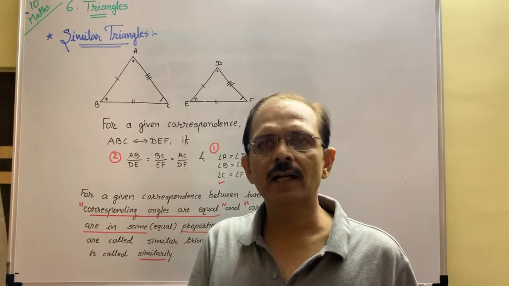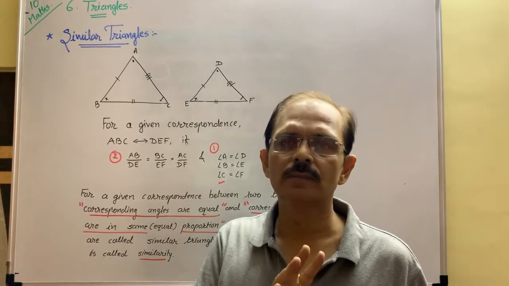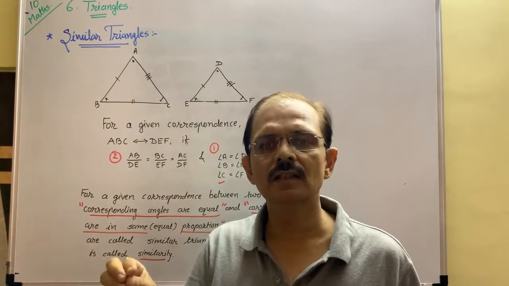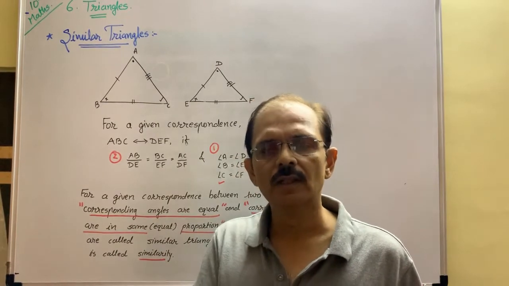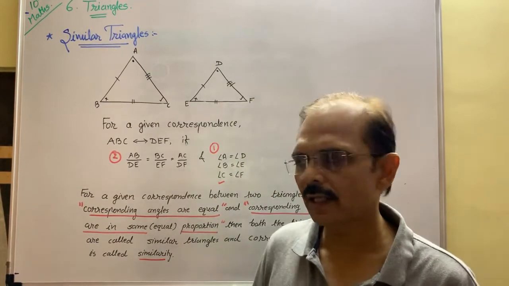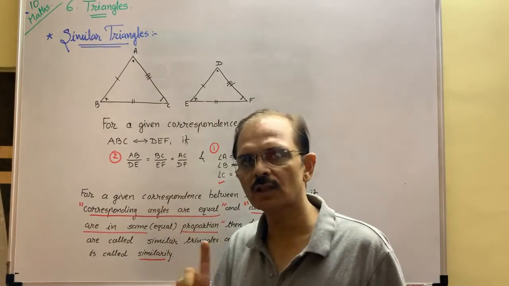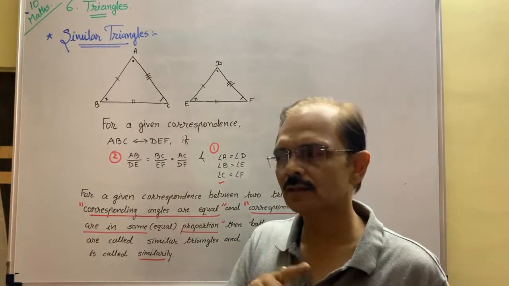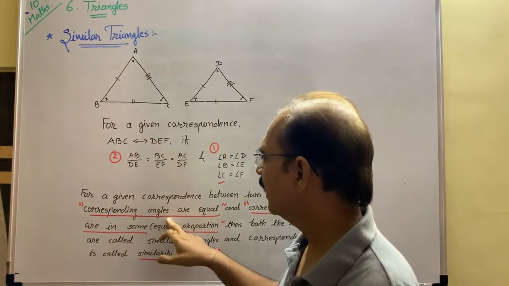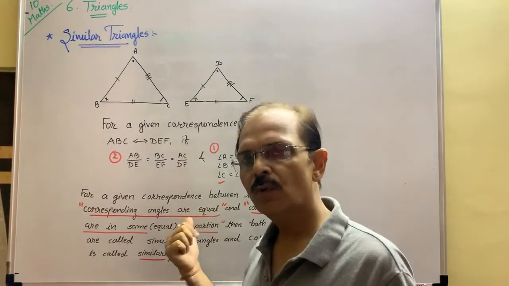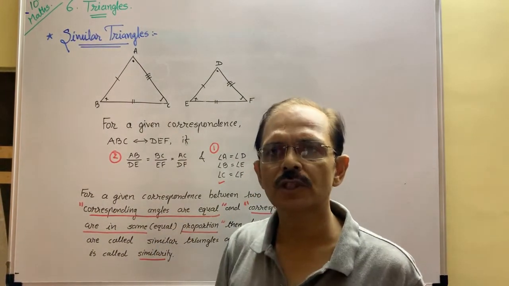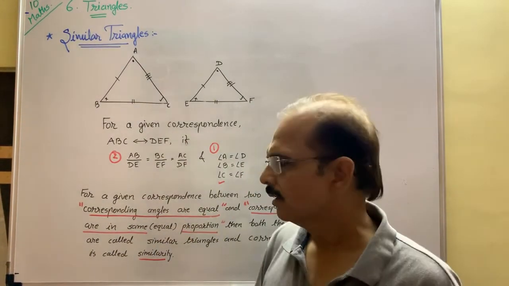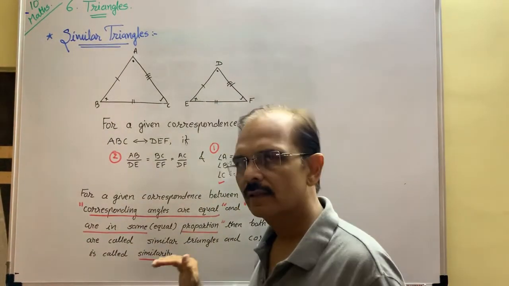So in every case this is not possible. In some cases, that means in the equilateral triangle, it is possible. But for isosceles or scalene triangle, it is not possible. So we cannot say this. Okay? You must say what? Corresponding angles are equal and corresponding sides are in same proportion. Is it okay? Then it is called similar triangles.